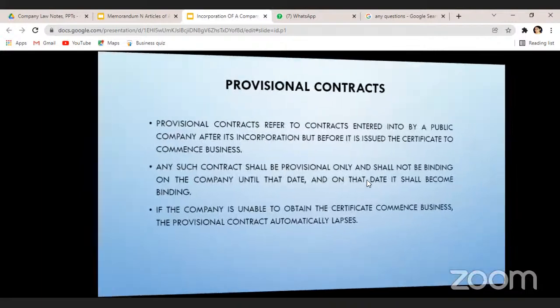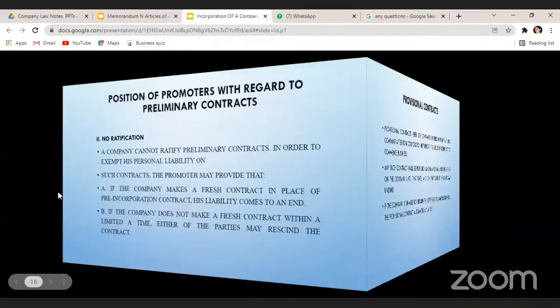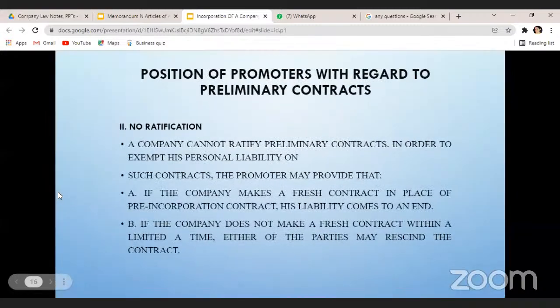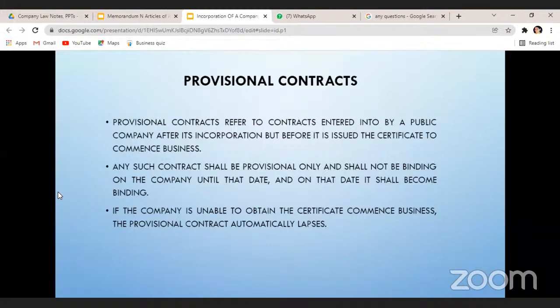And next, after the preliminary contracts, the next one is provisional contracts. What are provisional contracts? Provisional contracts refers to contracts entered into by a public company after its incorporation, but before issue of the certificate of commencement of business.